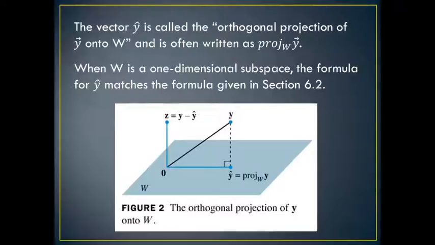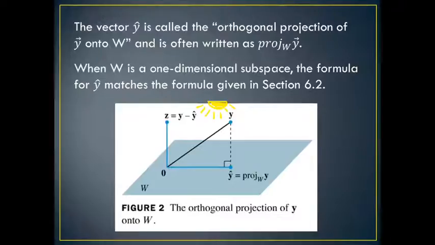Here's a visual of the orthogonal projection. Think of a light shining down on the vector y, and then y hat ends up just being the shadow of y on your subspace.